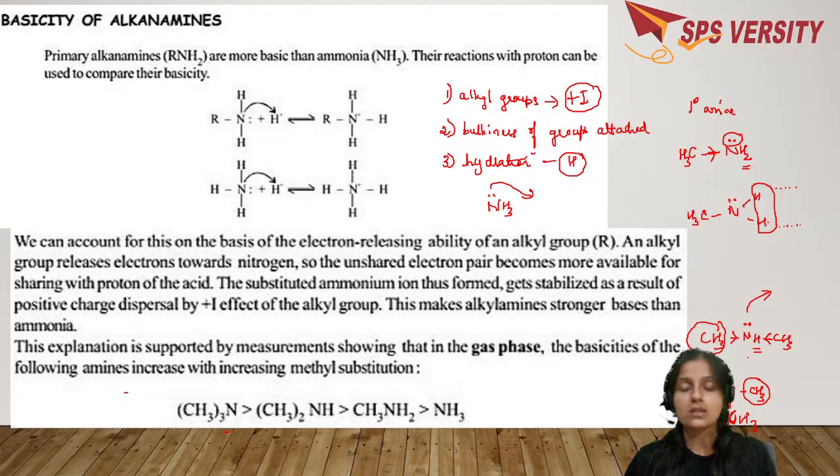So whenever you are asked to compare the basic strength, you have to consider all these three factors and write the answers in the examination. Hope you get it, what we have done now.